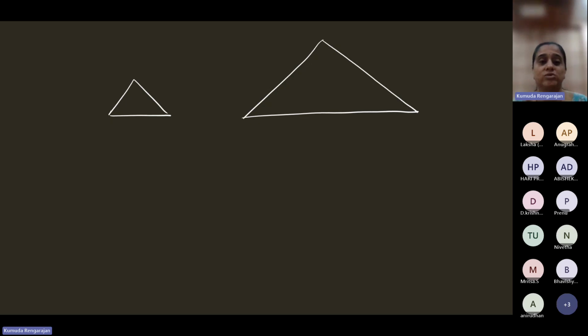You don't have the paper cutouts. You just see what is on the screen. You see two triangles with no information. Can you say if they're congruent or not congruent? Is the question. No, ma'am. We can't say.